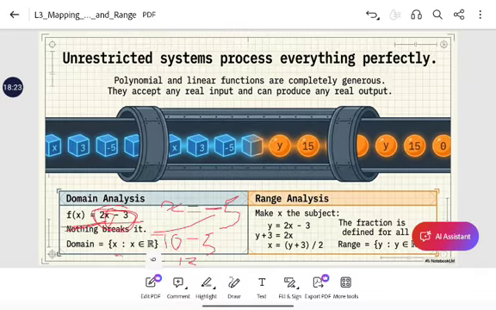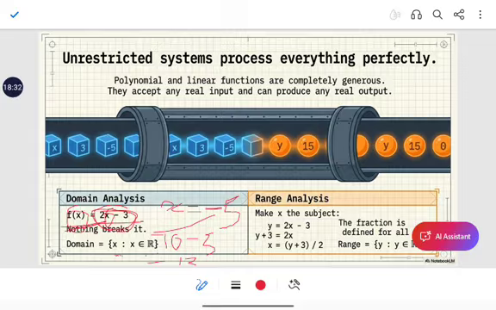Okay, you know that for a domain, we make y the subject. So this f of x is equal to y. So for a domain, we make y the subject. But for a range, if you want to find the range of this function, then we will have to make x the subject.